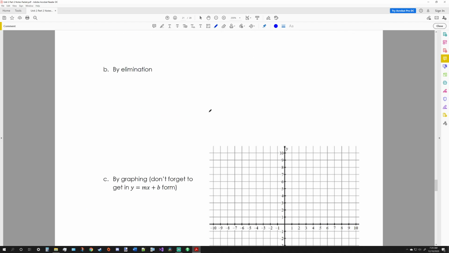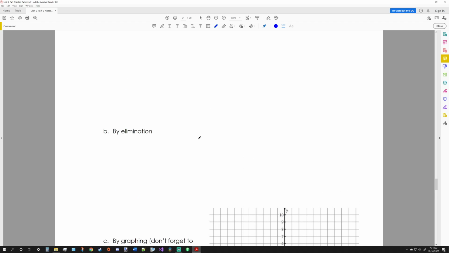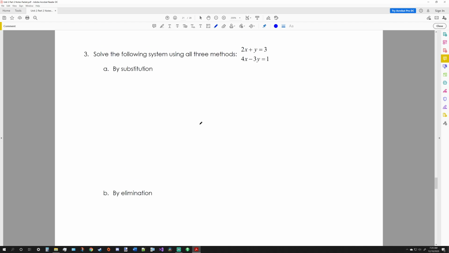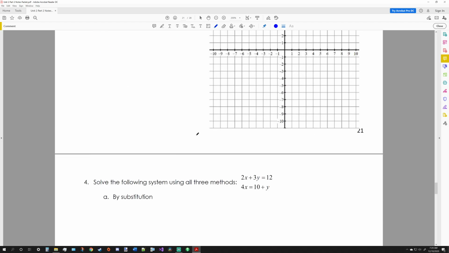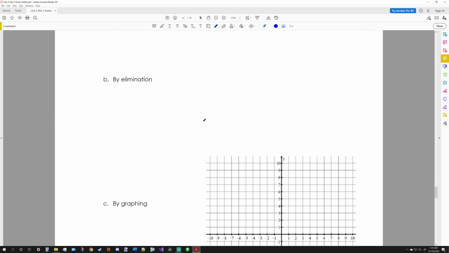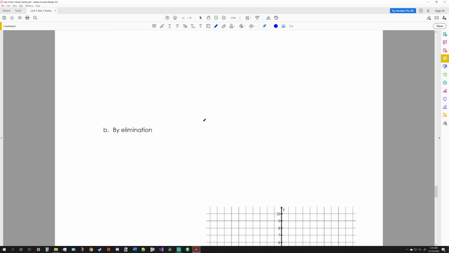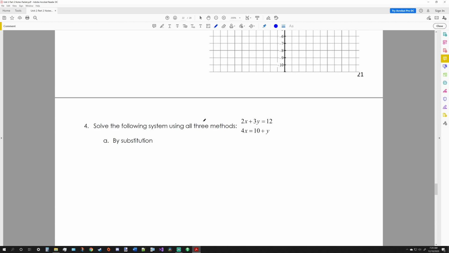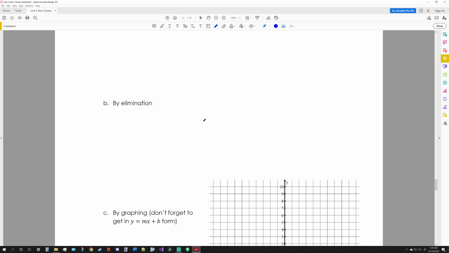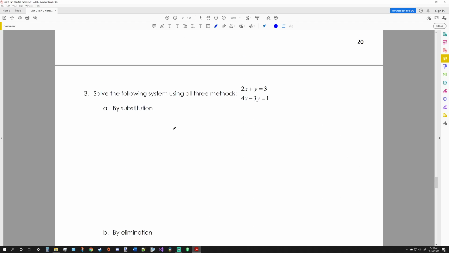Once you guys are finished with this, you should be working on your homework for the day. It would be 2.14, sorry. So after this, remember homework 2.14.